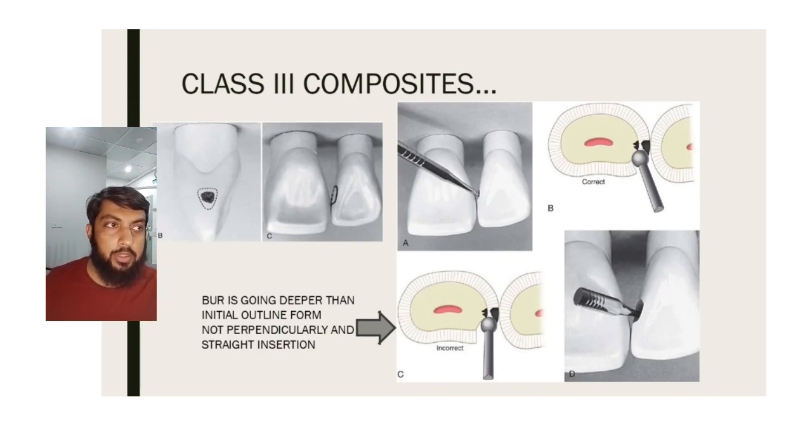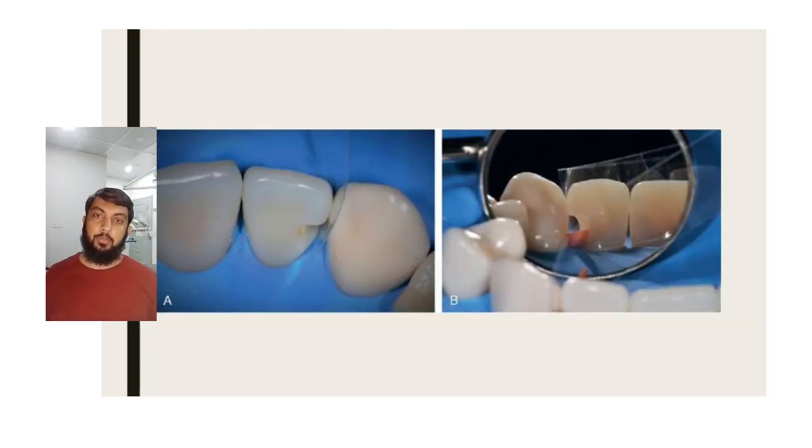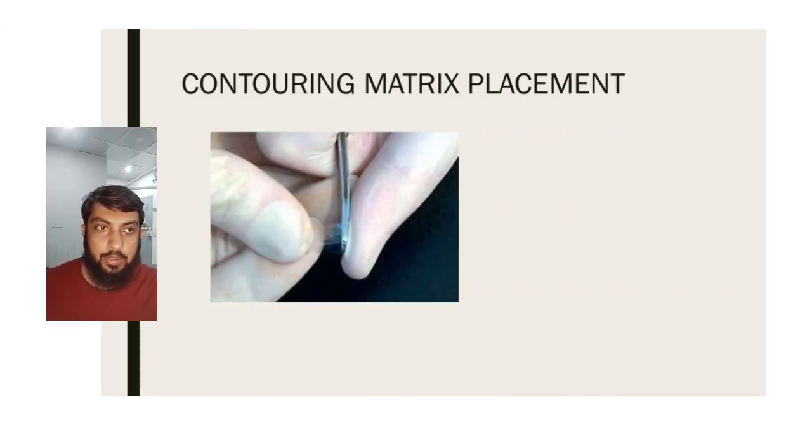How are we going to restore this? You can see we are going to restore this by first placing the rubber dam on the cavity, then doing the etching, either etch and dry or etch and rinse bonding agent. Then we are going to place a matrix band and wedge, as you can see, and contour the matrix band.